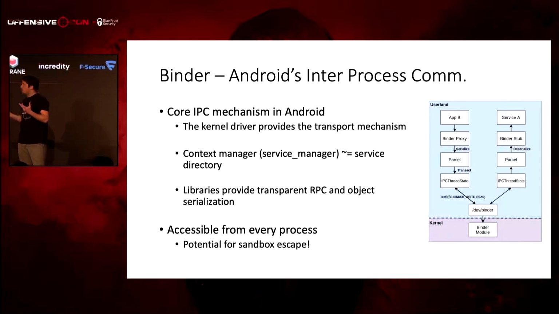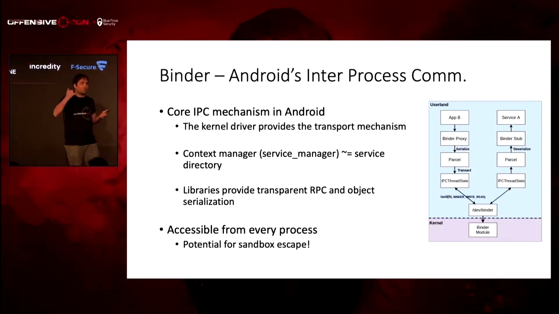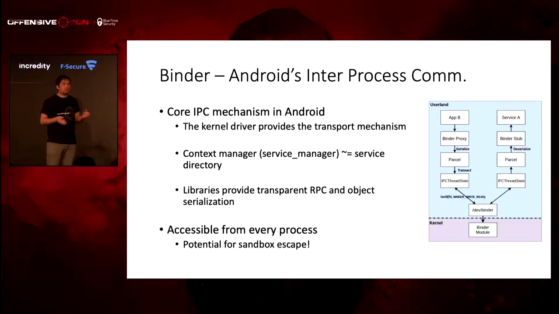On top of that, there is the context manager, which in the Android world is called service manager. It's basically a service directory, like when you call the cable person and say, connect me to this number. You can ask the service directory, I want to talk to the contact service, and it will give you a reference to it, and you can talk to it from that point onwards.